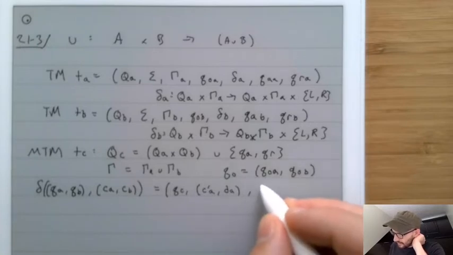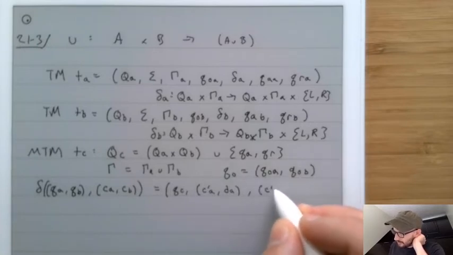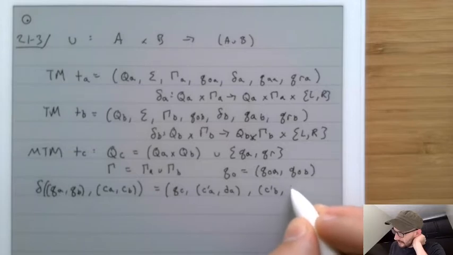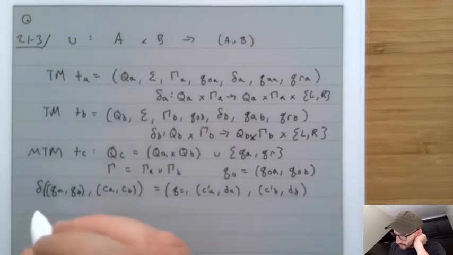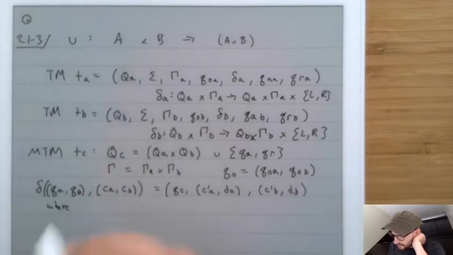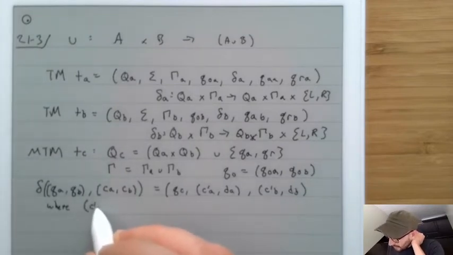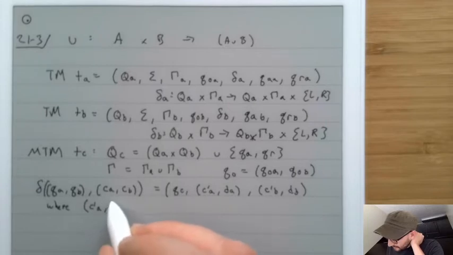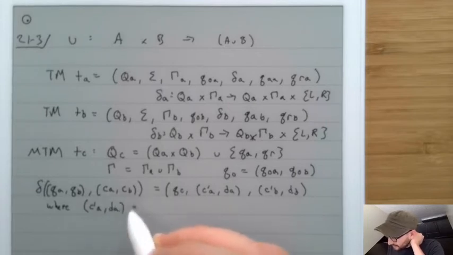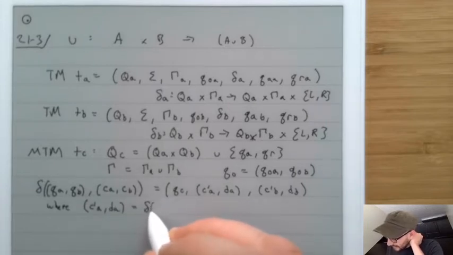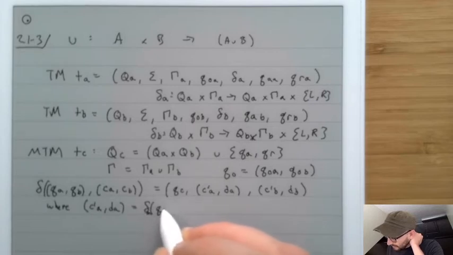Then we also want to write down what we're going to write on the right tape, which we'll call C prime B, and then DB. What are these things? Well, C prime A, DA is just going to equal delta A called with QA, CA.